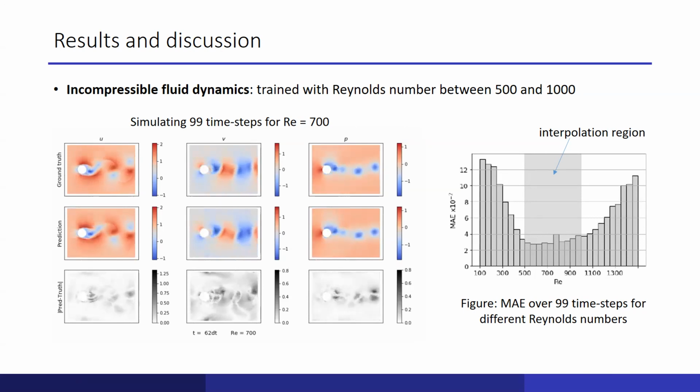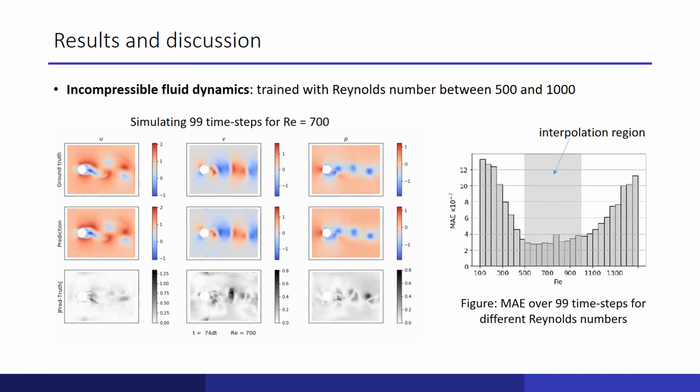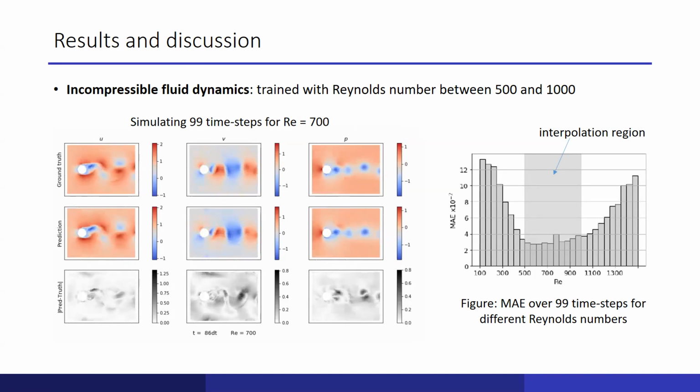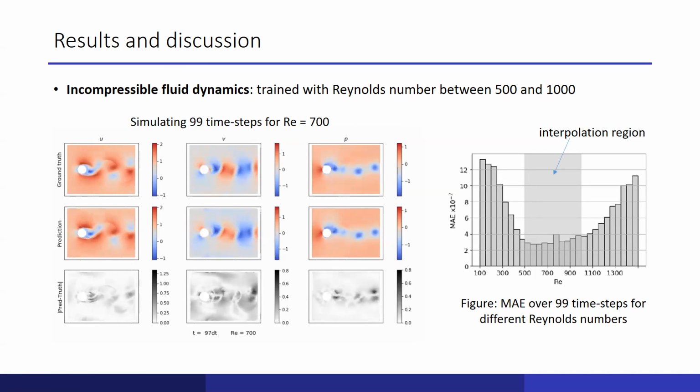Maybe you can output the right-hand side of the equation and use a symplectic solver to do the integration in time. I'm not sure if that would work in this case. I see. Yeah, because you get du/dt equals f. You want the f basically. Yeah, from the graph.